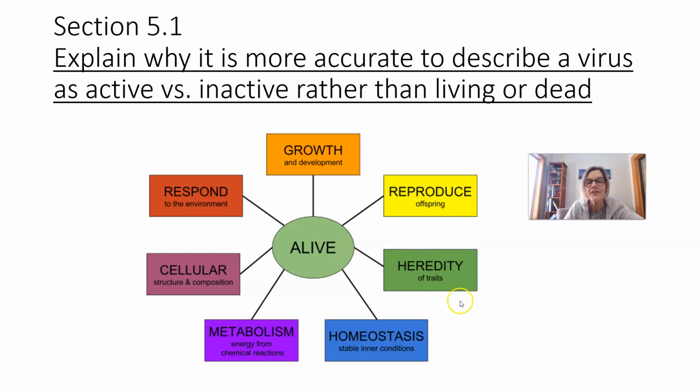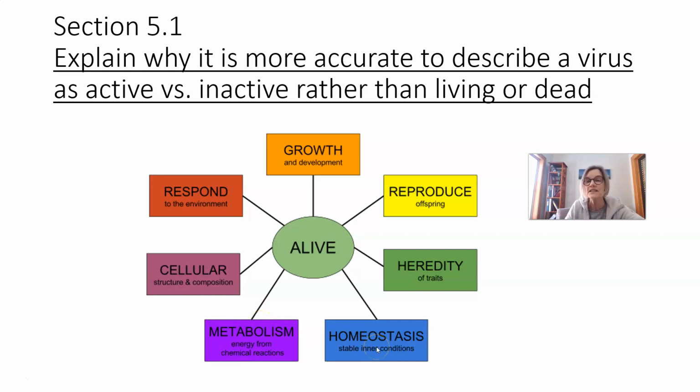But when we look at viruses, viruses really only do a couple of these. They do have genes and heredity that they pass from one generation to the next, and they can evolve, and they do reproduce. But other than that, all the rest of the characteristics of life are not consistent with viruses. Again, if I go back to my analogy of kids living with their families, the virus doesn't need a metabolism.